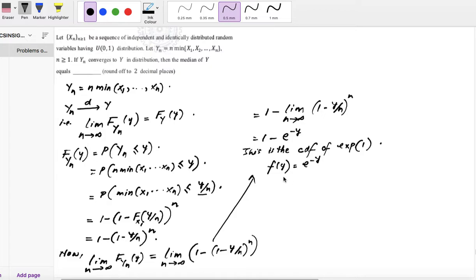And we know the median of the exponential distribution is log of 2. So the answer is log of 2. So let's move on to the next question.